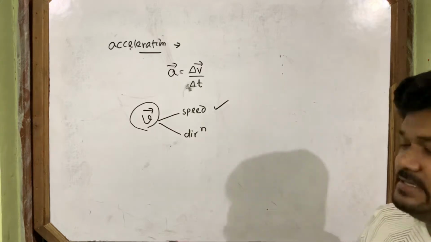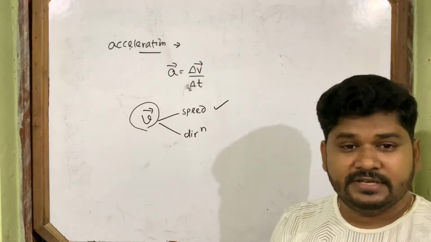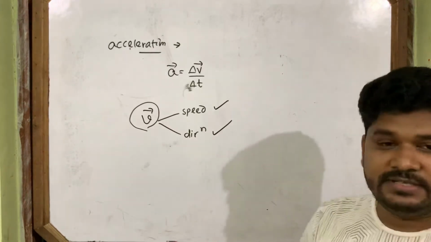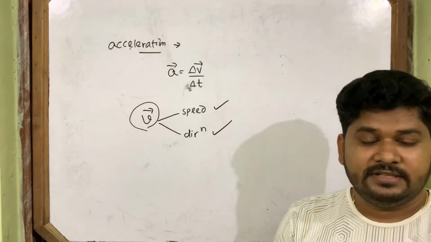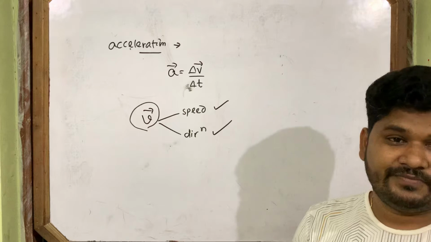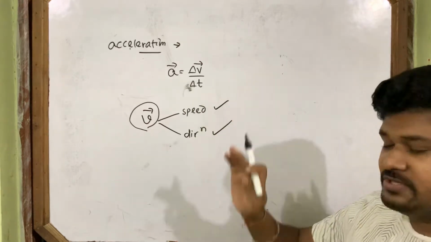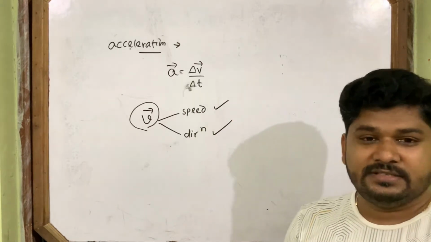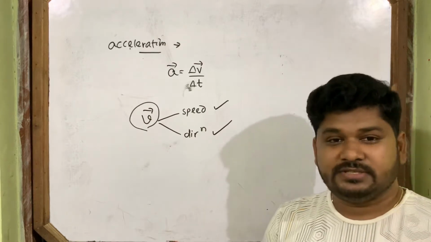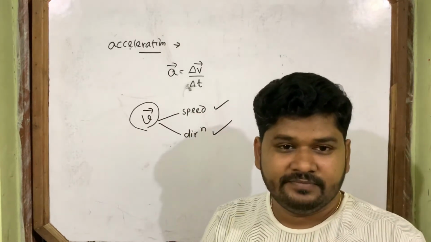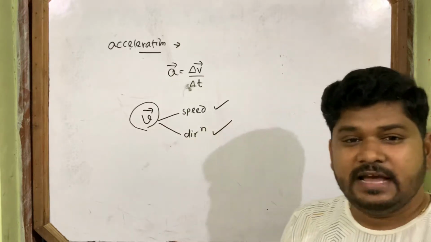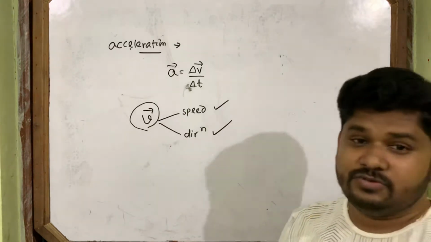If speed changes, velocity changes. If direction changes with speed remaining constant, velocity also changes. If both speed and direction change, velocity also changes. The velocity changes in all cases, and when the velocity changes, acceleration comes into action. I told you three cases.